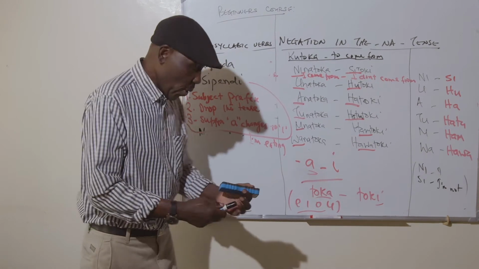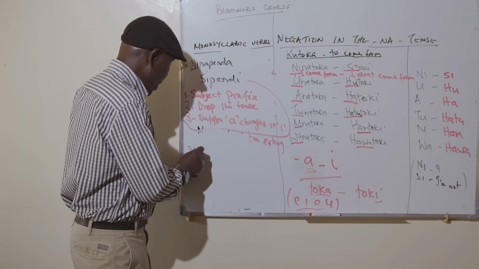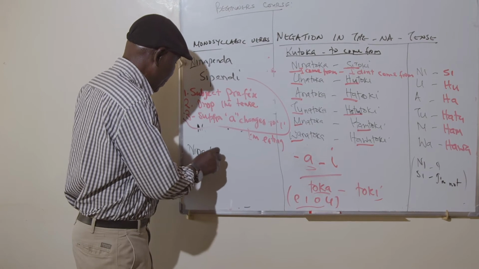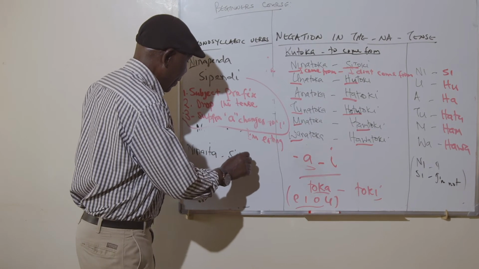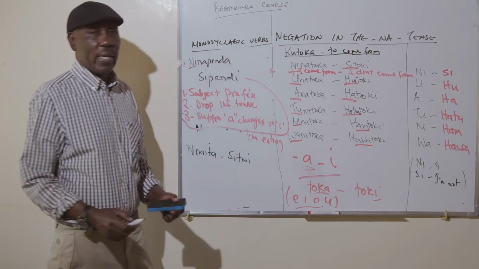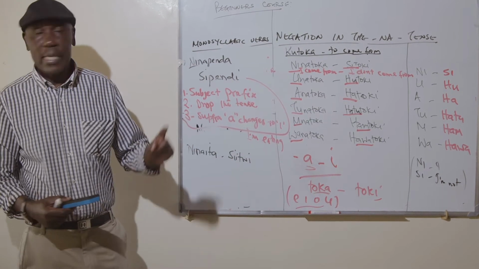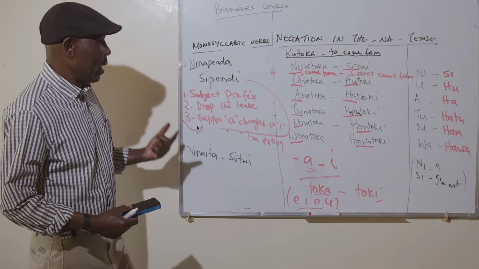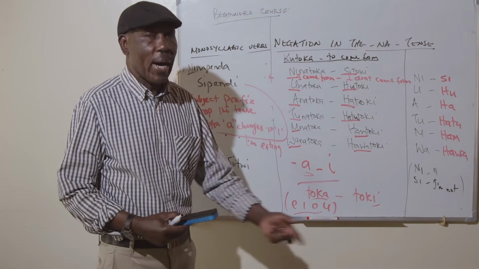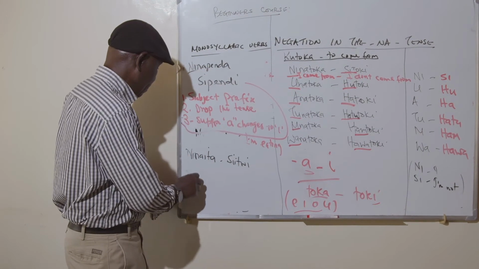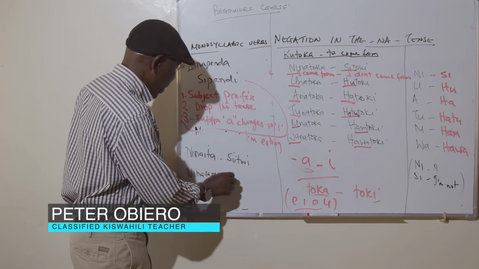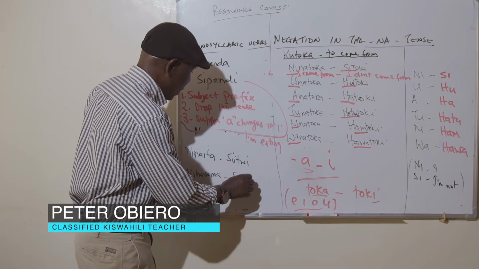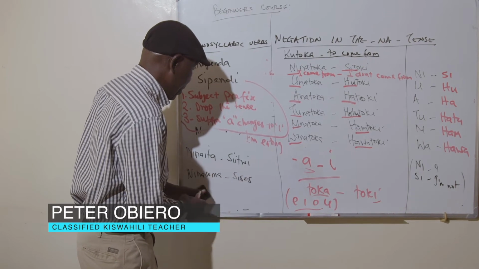Ninaitwa becomes si itwi. If you have ninasoma, then it becomes sisomi.